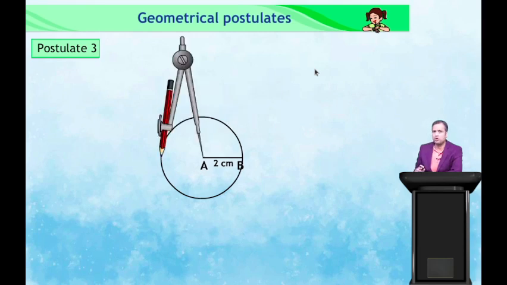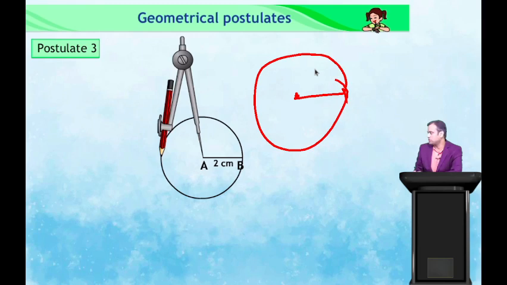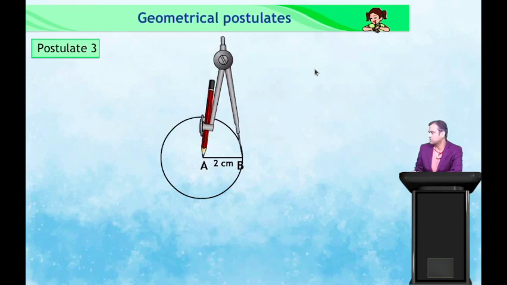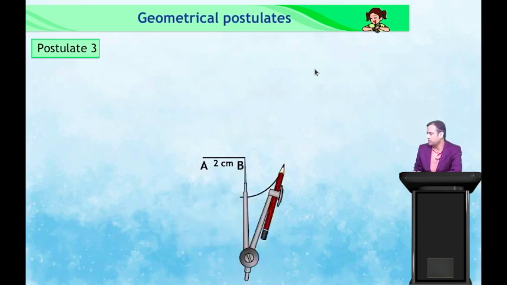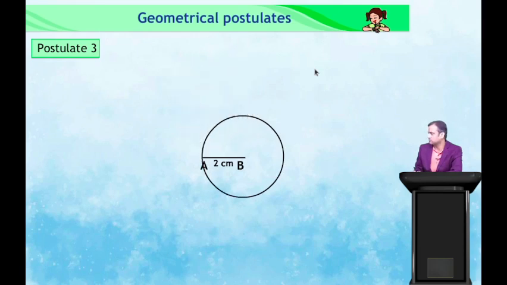I think you all know how to draw a circle. You place your compass at a given point, set a definite length, and then draw the circle. So this is postulate 3. We can draw a circle using a point and a definite length.